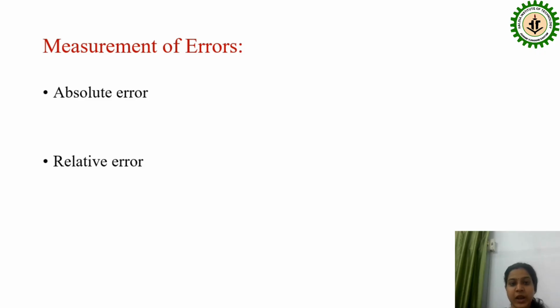Okay, now how many types of errors may be introduced in a measurement system? The first one is absolute error and the second one is relative error. What is absolute error?